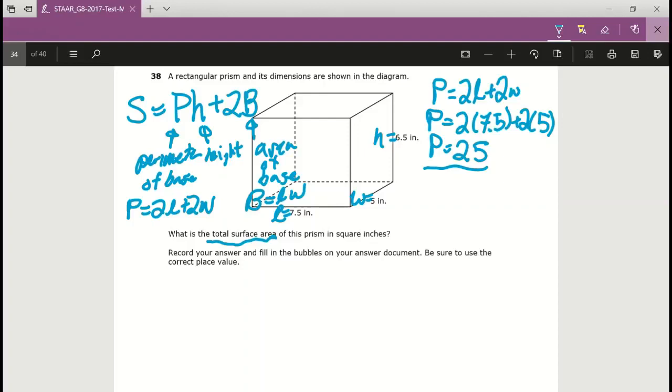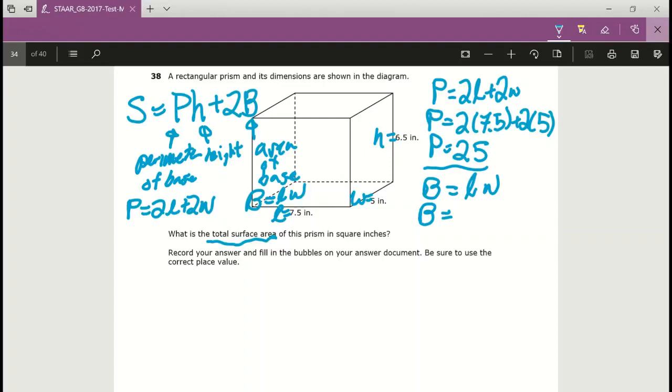Now we need to find our big B, the area of the base. So big B equals length times width. Labeling my shape here made it super easy for me to fill out these formulas. So don't get confused.